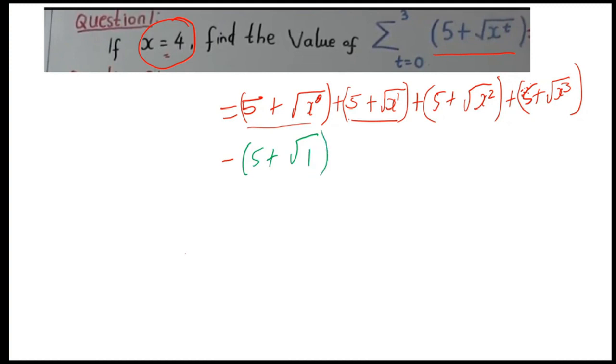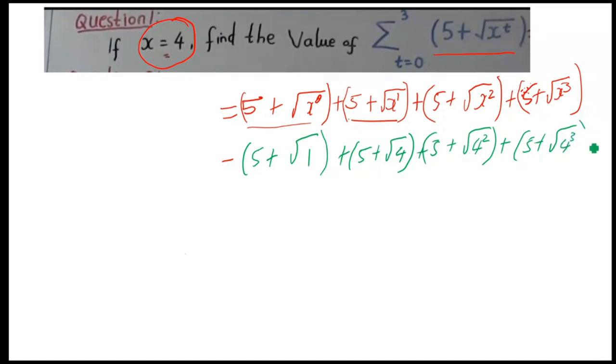So I don't want to even worry myself by substituting by 4 plus 5 plus, this is going to be equal to 4 plus 5 plus, this is going to be equal to 4 to the power 2.